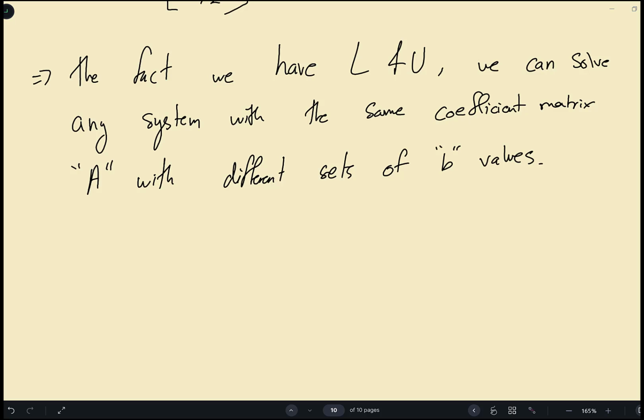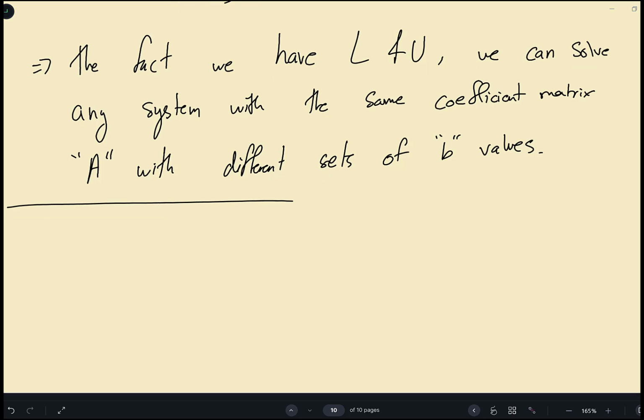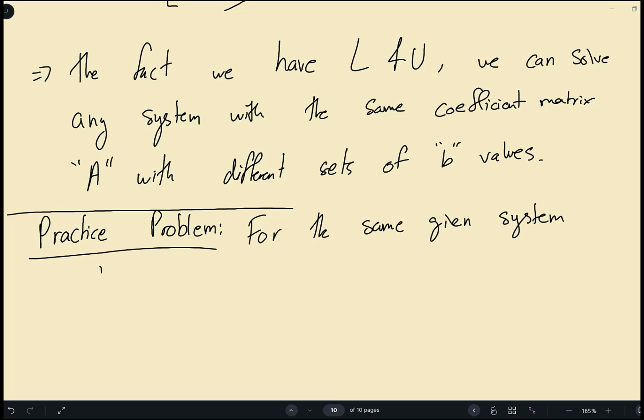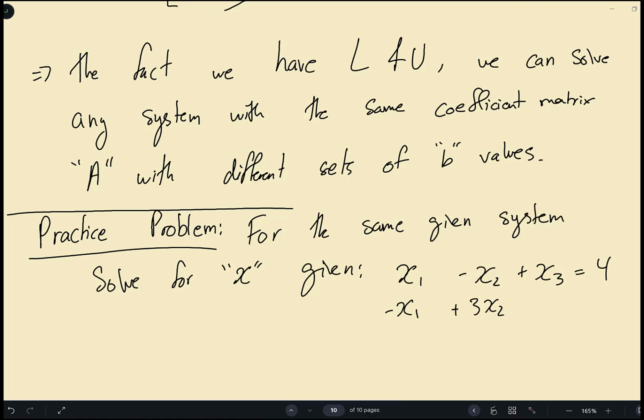Before we get there, I have a small problem for you guys to try to solve and just to practice what we did. So basically, practice problem. So for the same given system, solve for x given the following. All right.